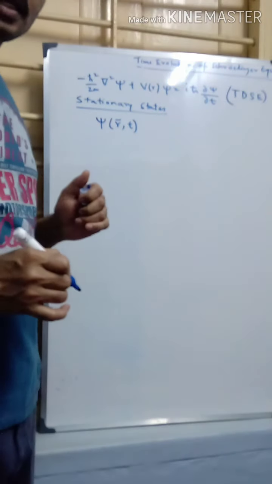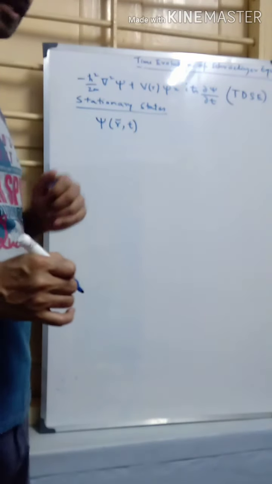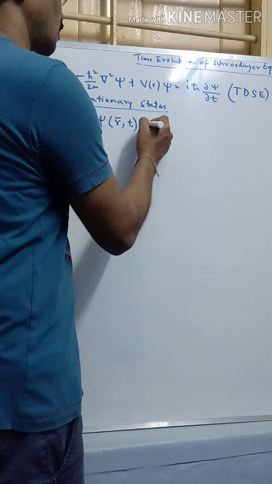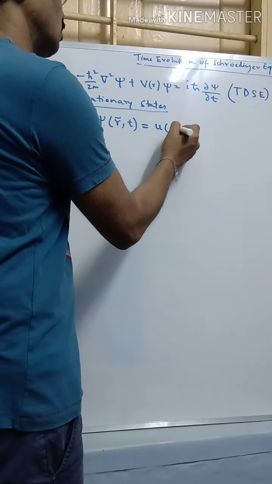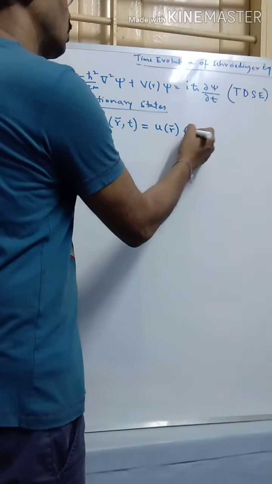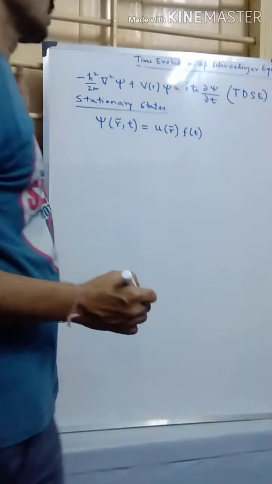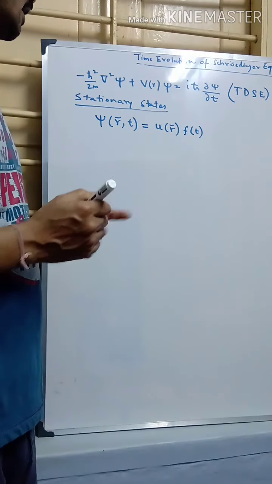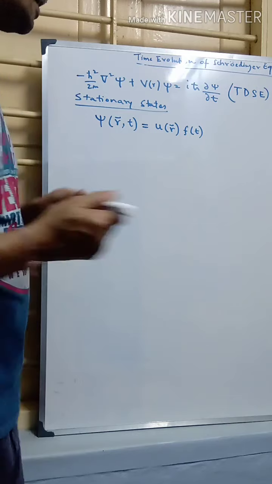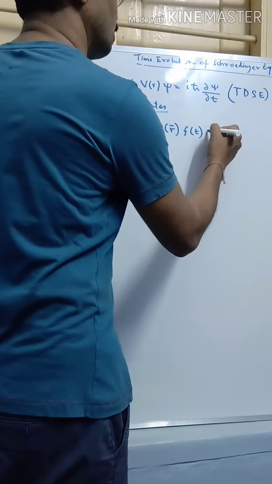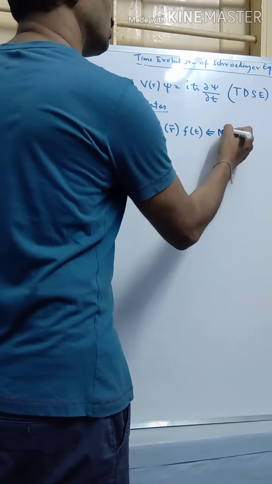And if we use the method of separation of variables, then I can always write this to be equal to u(r) into f(t).